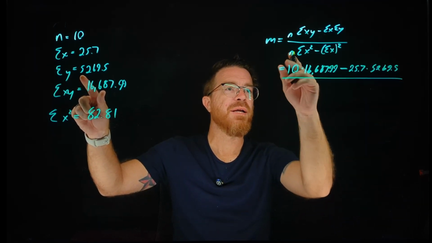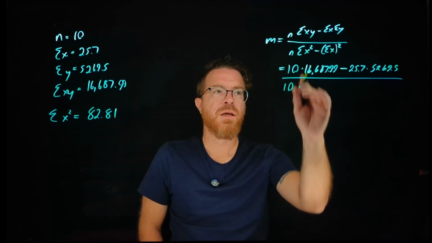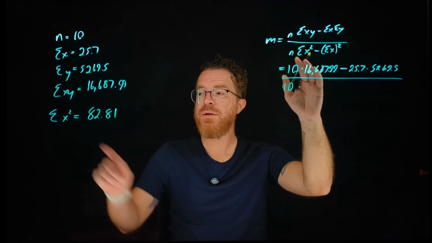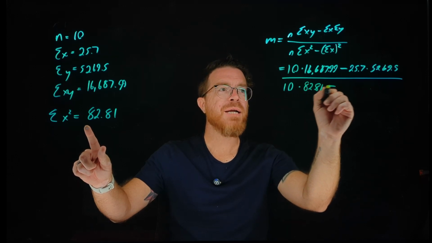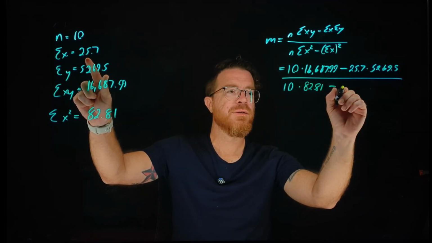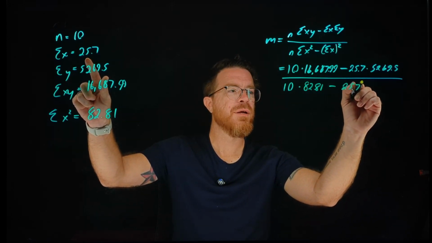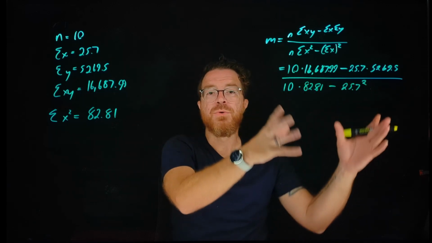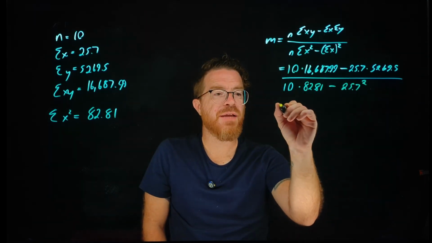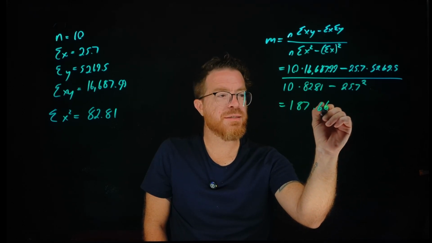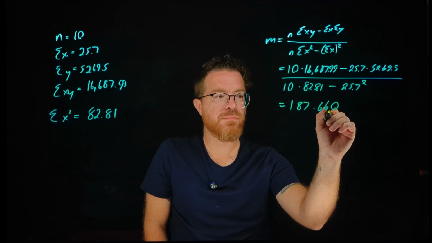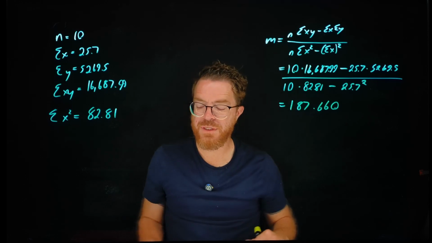All of this divided by n, again, which is 10, times the sum of our x's squared, which would be 82.81, minus the sum of our x's, 25.7, squared. You do all these calculations, and we end up getting a value of 187.660. And we'll round it to 3 decimal places for this problem.